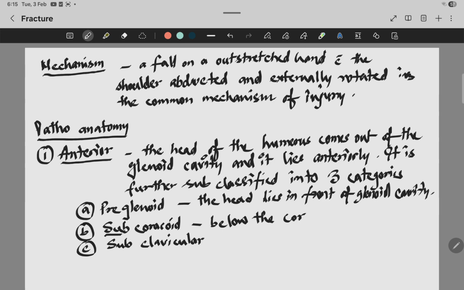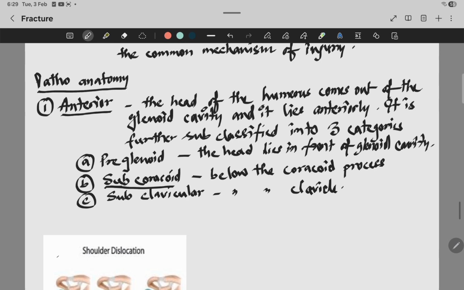Sub means below the coracoid process of the scapula. The subcoracoid type is the commonest, and in the subclavicular type, the head lies below the clavicle.